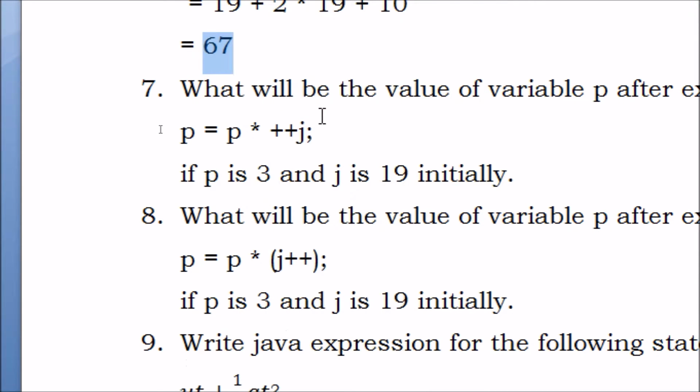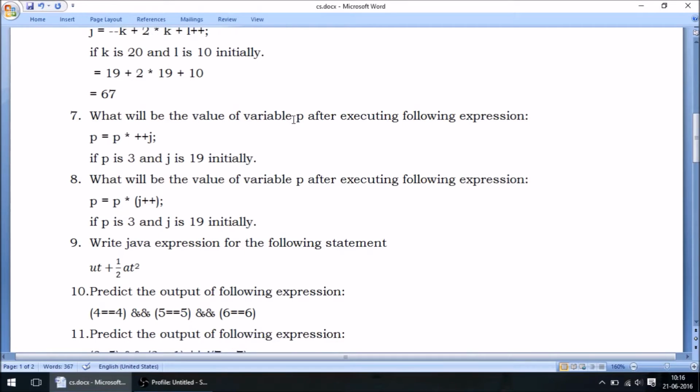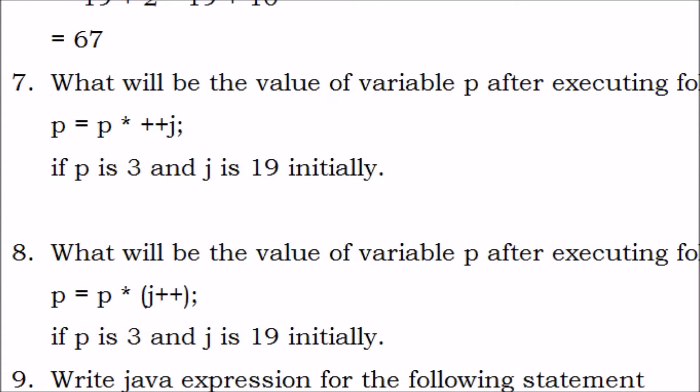The next question is again an expression. p multiplied by plus plus j, and here you have to find out the value of p, of course. The given value of p is 3 and j is 19. So let us solve this question now. I'm going to place the values.